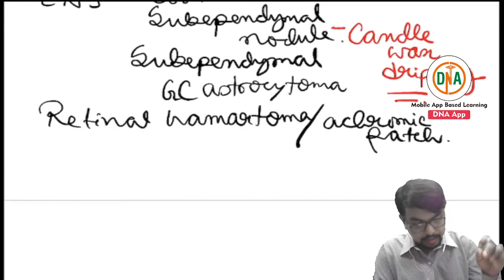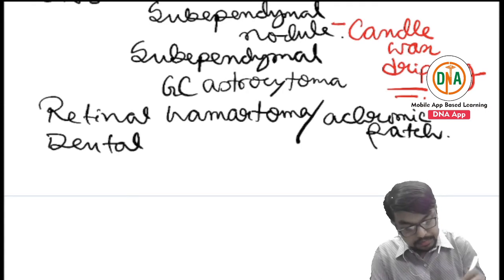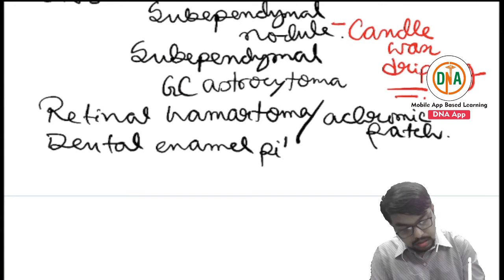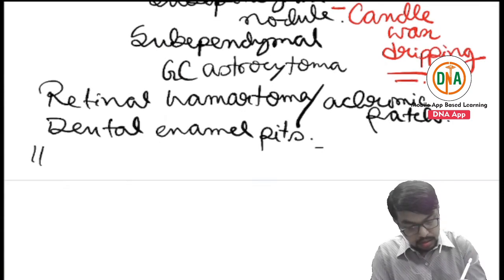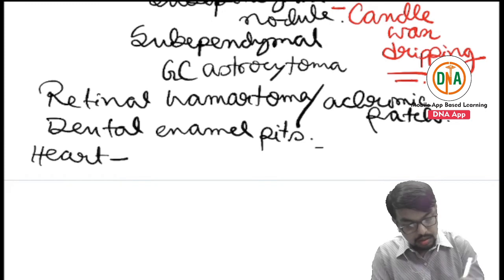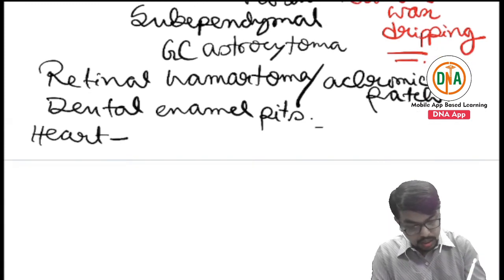Okay, next, in teeth there is dental enamel pits. Next, in heart there is rhabdomyoma.